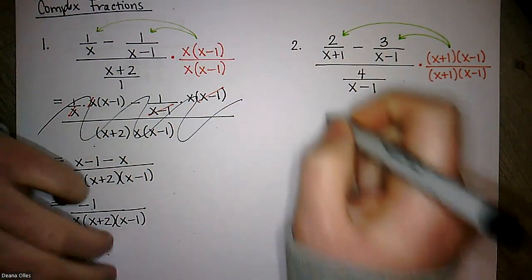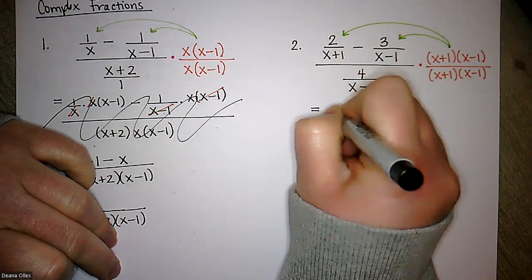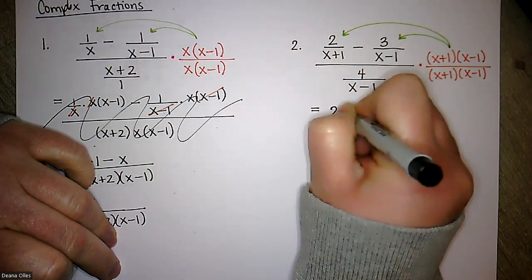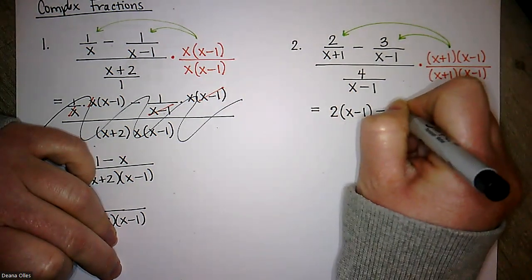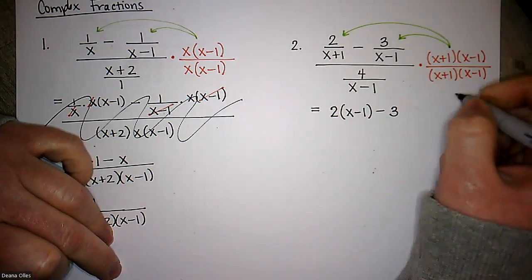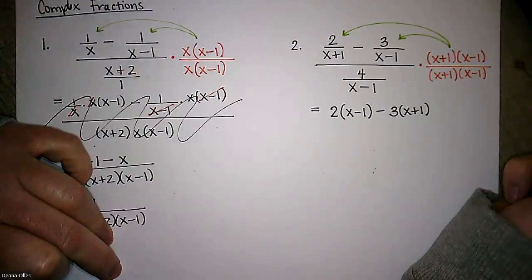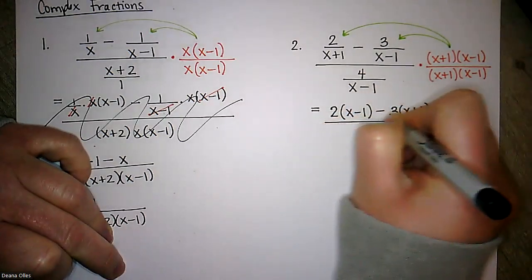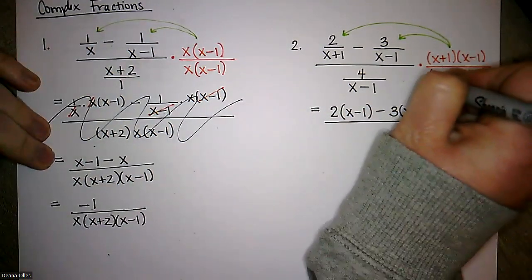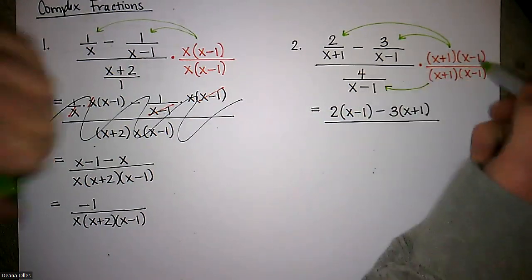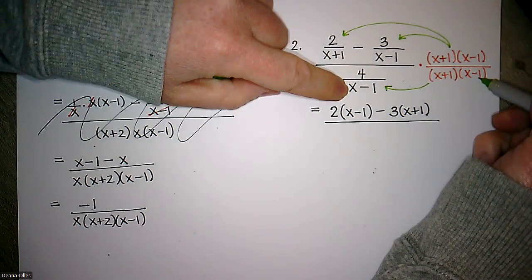So I'm just working on the numerator first. So we have 2. The x plus 1's cancel. We're left with x minus 1. Minus 3. The x minus 1's cancel. We're left with x plus 1. Divided by, and now if I multiply into the denominator, right? 4 times x plus 1, and then the x minus 1's cancel.